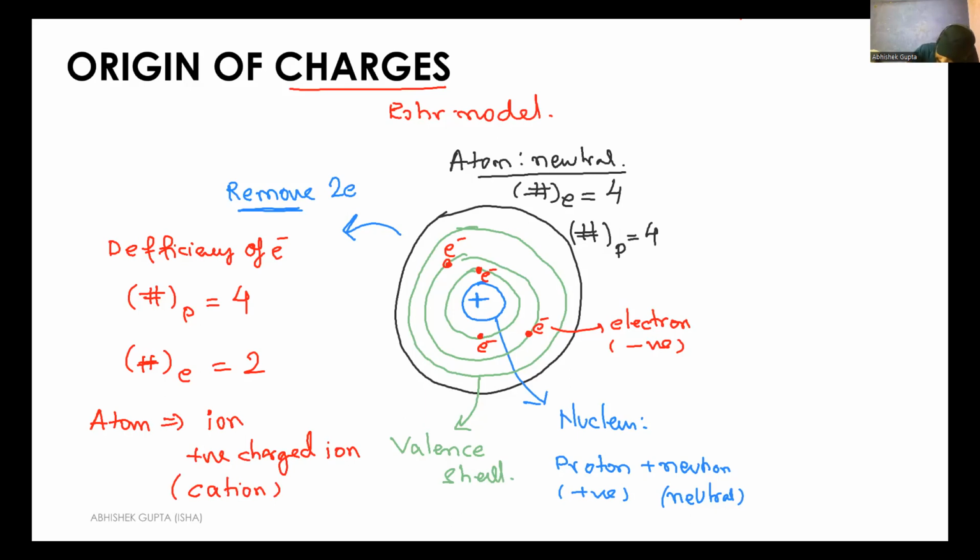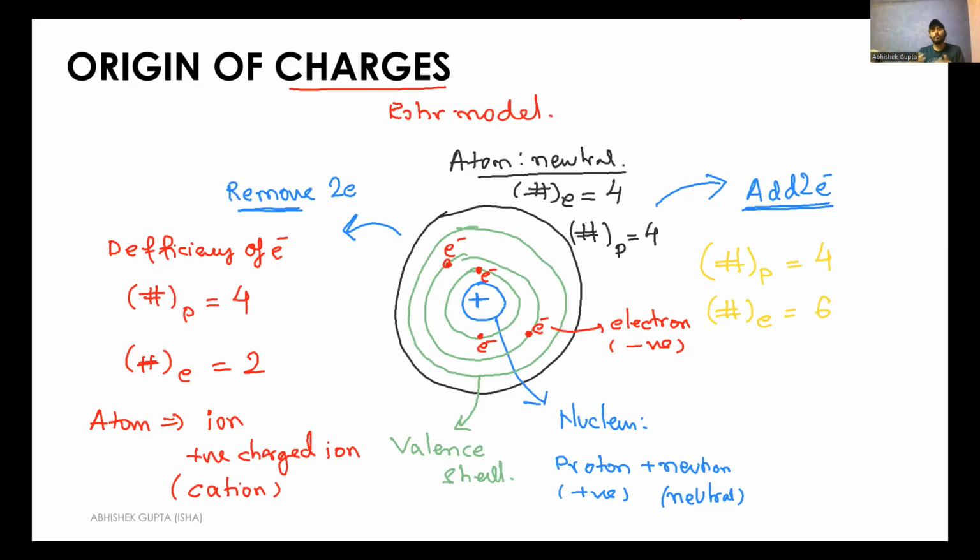But suppose in the same atom we add electrons. We add 2 electrons. The moment we add 2 electrons, the number of protons will still remain the same, that is 4, whereas the number of electrons will increase. As a result, we'll have 6 electrons now.